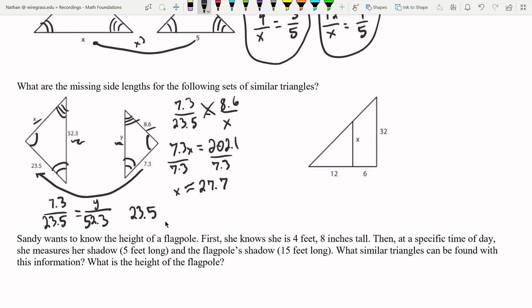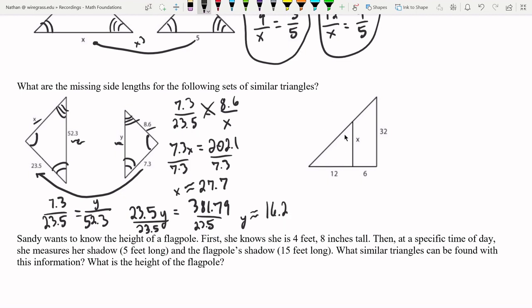I get 23.5y equals 7.3 times 52.3, which gives me 381.79. I just need to divide by 23.5 on both sides, and I get 16.2 if I round to two places.